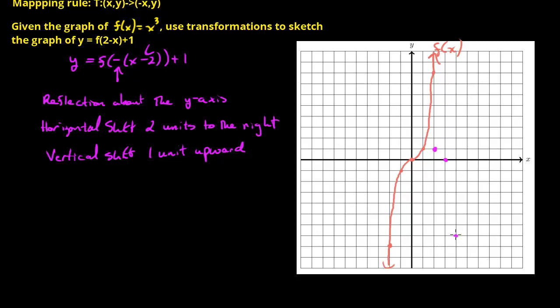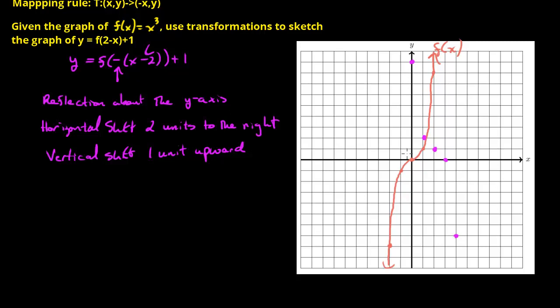So I have a point here on my graph. Next, let's do this point. I'm going to reflect it about the y-axis, which is here, shift it 2 units to the right and 1 unit upward. And then I'll take this point here, reflect it about the y-axis, shift it 2 units to the right, 1 unit upward, so I have a point here.